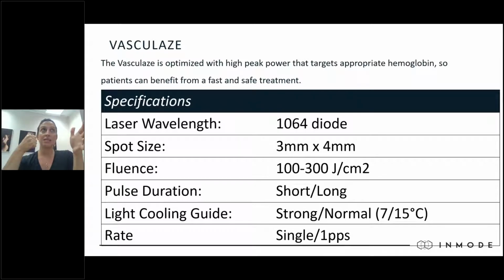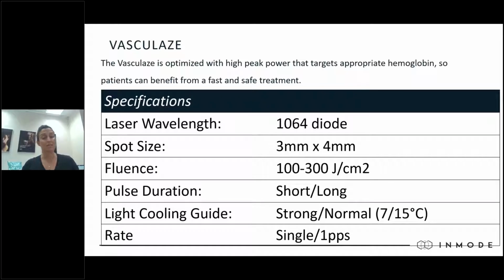Rather than that, if I use the same amount of energy, the same fluence, 300 joules per centimeter square, still the same amount of fluence per area, it will be delivered over a longer time. This time you cannot hear the effect. The effect on the target is much less aggressive when compared to a short pulse, and this is basically the difference between a short and a long pulse.